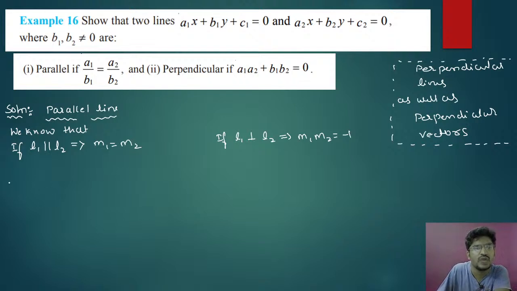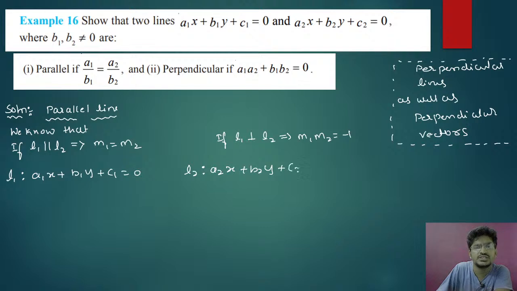What is your line 1? Here L1 is A1x plus B1y plus C1 equal to 0, and L2 is A2x plus B2y plus C2 equal to 0. From this you can see what is M1.